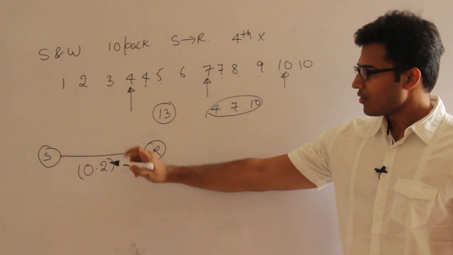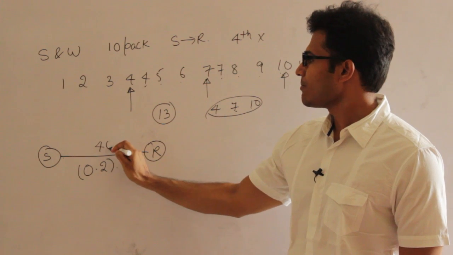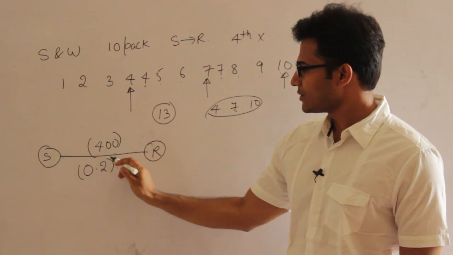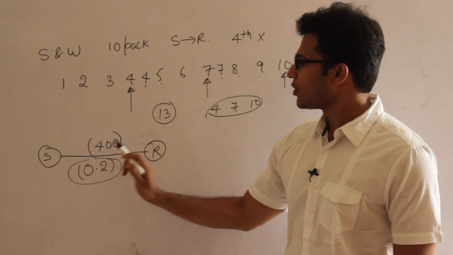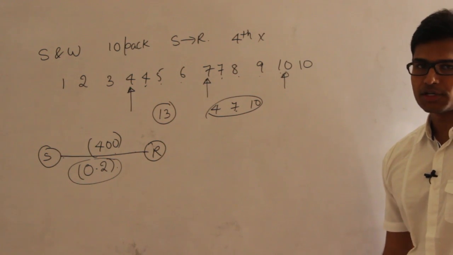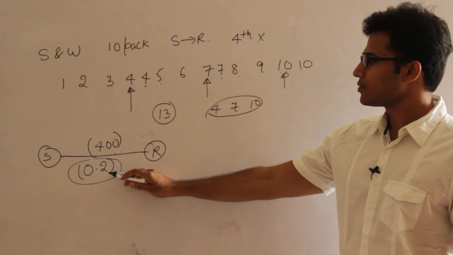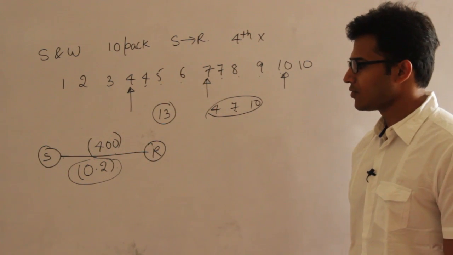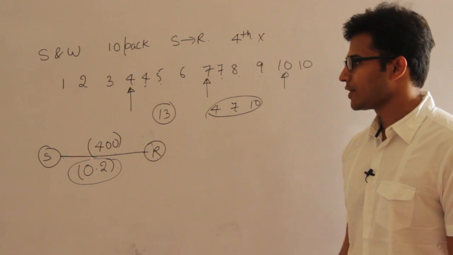Now if I send, let us say, 400 packets on this link in which the error probability is 0.2, then how many packets have to be transmitted in total? One thing you understood is the loss probability is 20%, which means out of every 100, 20 will be lost, and therefore they have to be retransmitted.